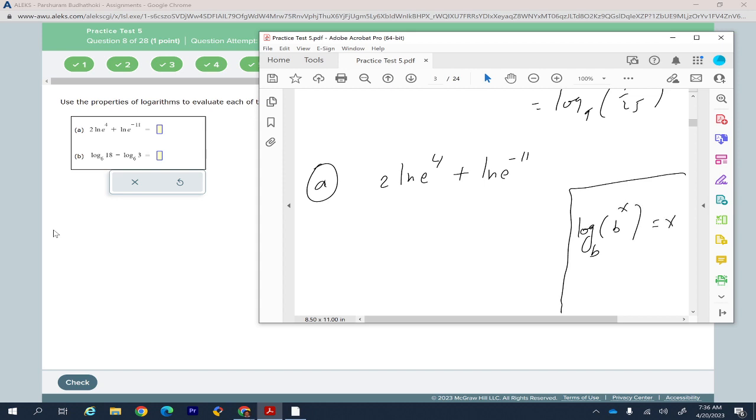In this case, the base is e, because ln stands for log base e. So whenever ln and e come together, that's a reverse process. So the leftover would be the exponent, times 4. Here it's negative 11, because ln e to the power negative 11 is negative 11 only. So it's 8 minus 11, which is negative 3.